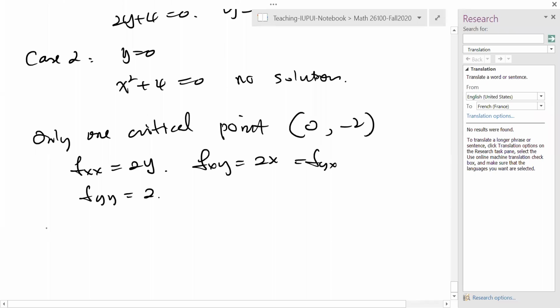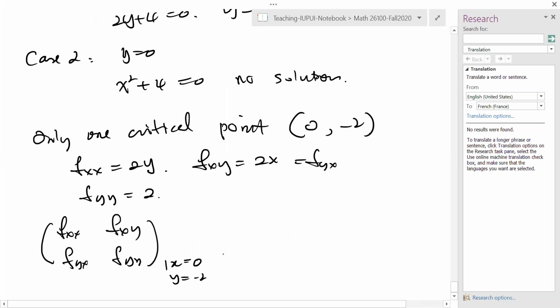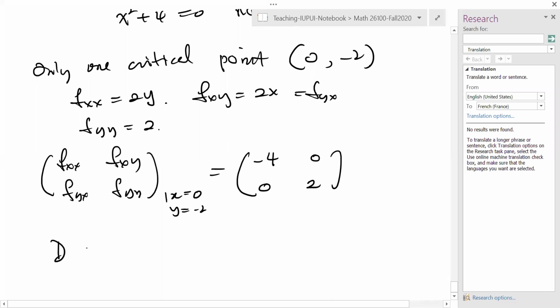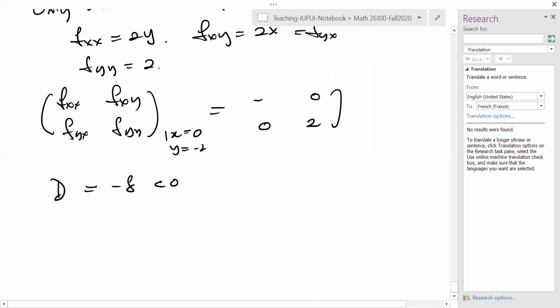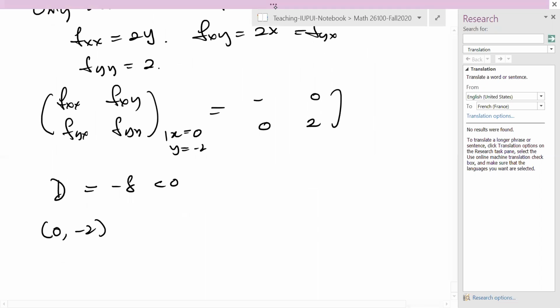So the matrix at the point x equals 0, y equals -2 has -4 here, 0 and 0 off the diagonal, and 2 here. Clearly the determinant is -8. It's negative, so that means it is a saddle point, (0, -2).